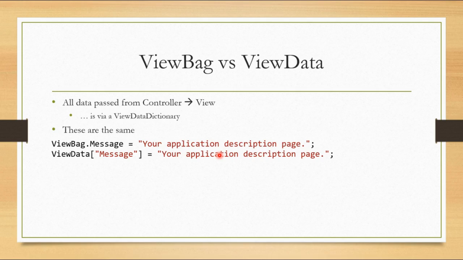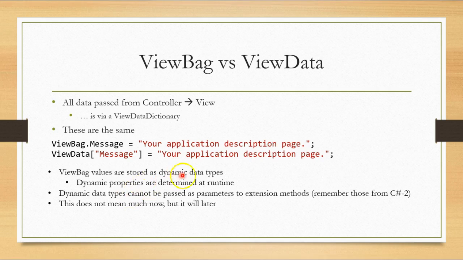It's the same as the index value here of view data with the brackets and the word in quotes message. These 2 are the same. They have the same value. They both work the same way. Okay, viewBag values are stored as dynamic data types. Again, dynamic properties are determined at runtime.